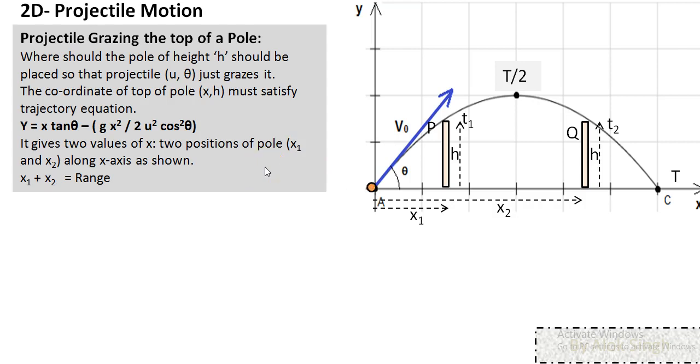So let's say the projectile is projected from point A, the initial point of projection. It will just graze the top of the pole placed at distance x1, and move further. Again, if the second pole is placed at distance x2, and x2 satisfies this equation, it will pass at almost zero distance from the top of the pole.